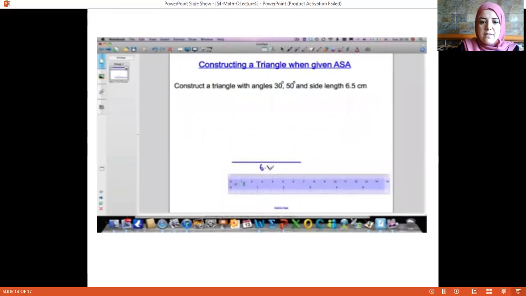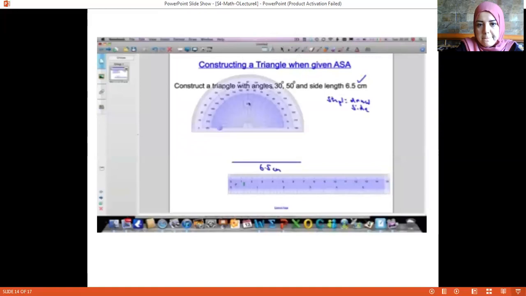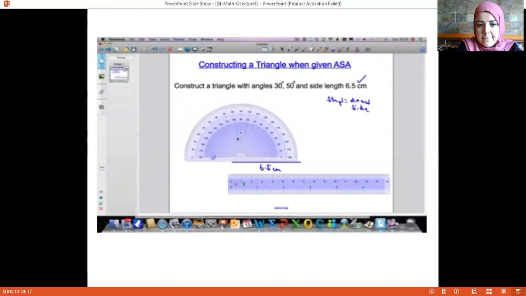This is 6.5. And now we don't need the ruler. We just use the protractor. Till 30.